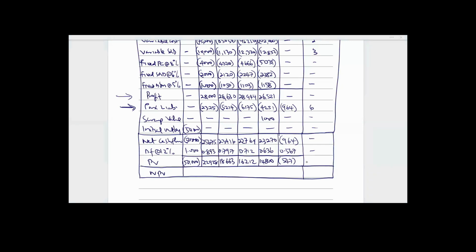You are going to add up all the positive present values: 22,928 plus 18,663 plus 16,212 plus 14,800 equals 72,603, minus the negative 50,000 minus 547 equals 22,056 positive. So that is the NPV.